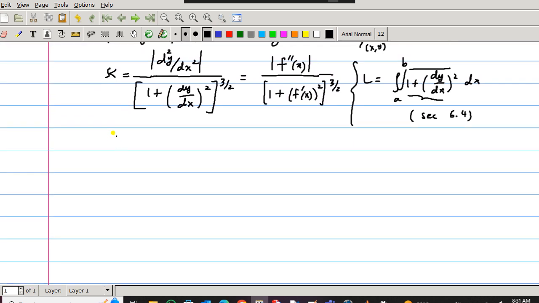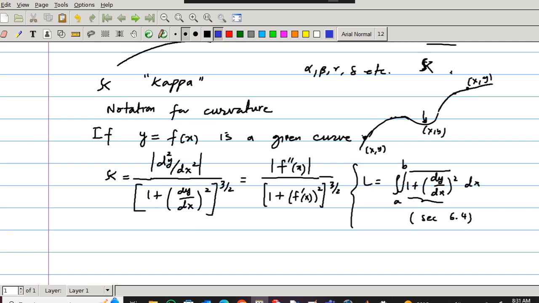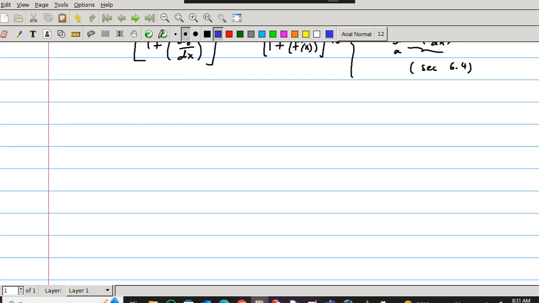Now you see, at each point on the curve, the curvature is changing.